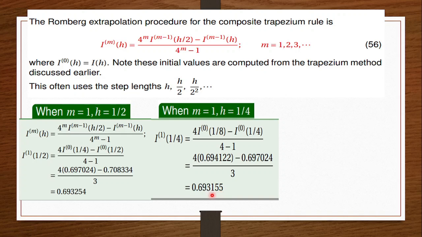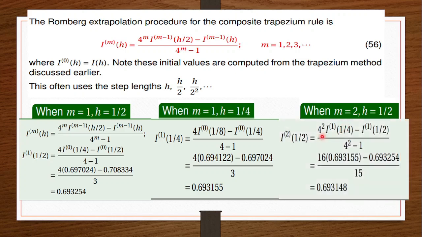You can see that we are doing just two iterations, so we end when m is 2. Again, we put m as 2 inside here, and you can see over here I1 1 on 4 and I1 1 on 2.